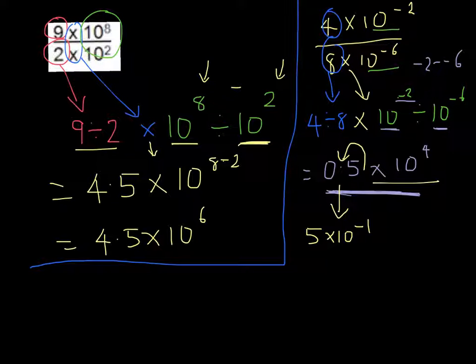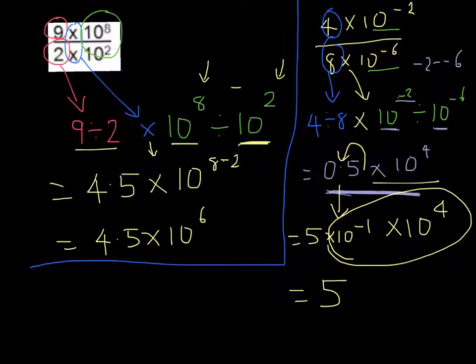And then with this one, times by 10 to the power of 4. If we use the same theory as we used before, our answer is going to be equal to 5, so that's our coefficient. And then let's put these two same base powers together. We're multiplying them, so we're going to add the indices. So negative 1 plus 4 is going to be equal to 3. So our answer is going to be equal to 5 times by 10 to the power of 3.